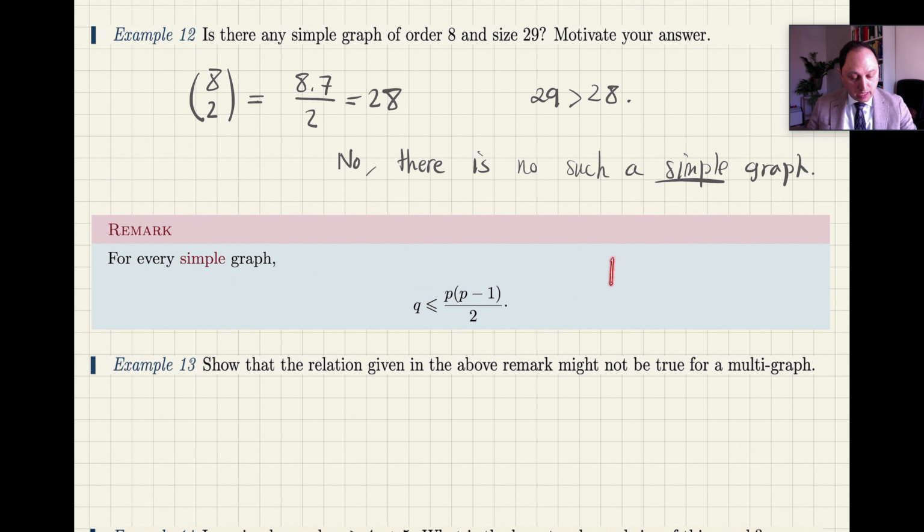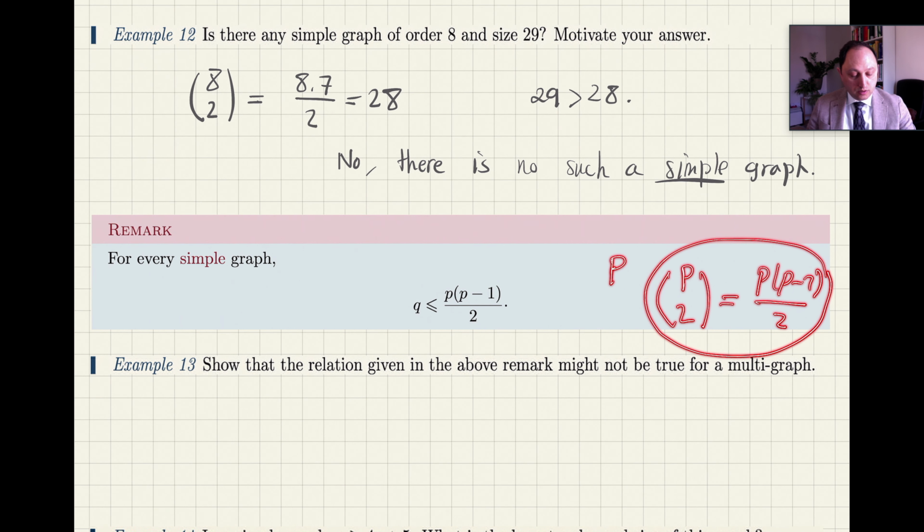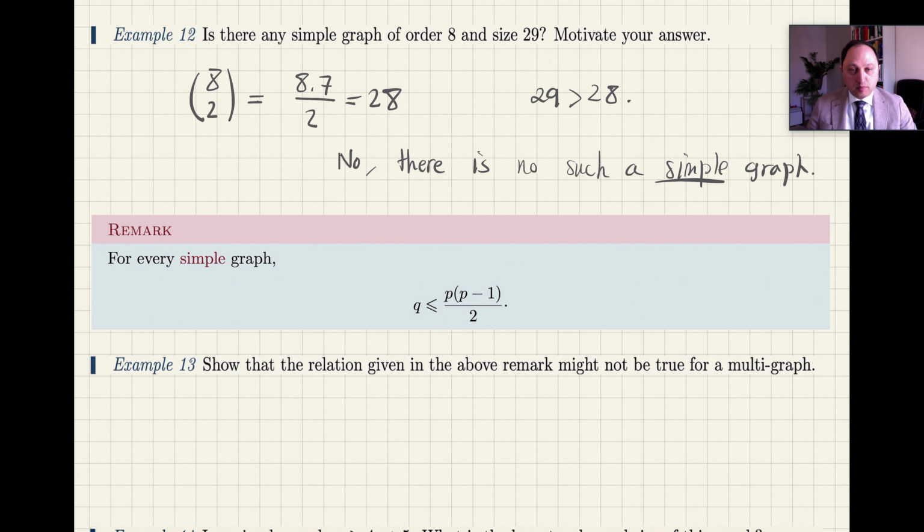If I tell you that I have p vertices, what is the largest possible value for the number of edges? You would say that I connect all of them together, so I will have p choose 2, so that it becomes p times (p minus 1) divided by 2 factorial, which is 2. Yes, so this is the maximum number of edges for a simple graph.